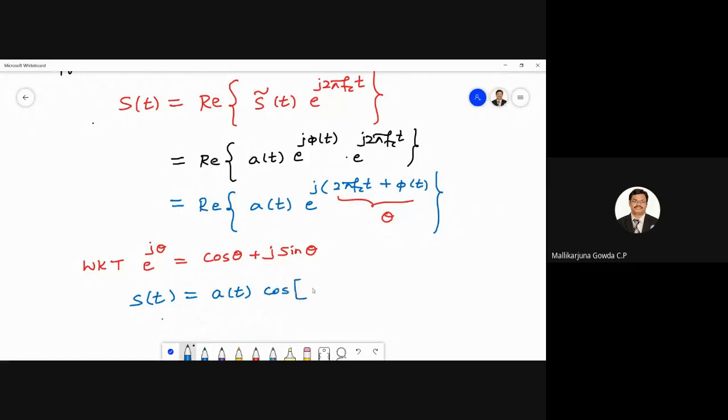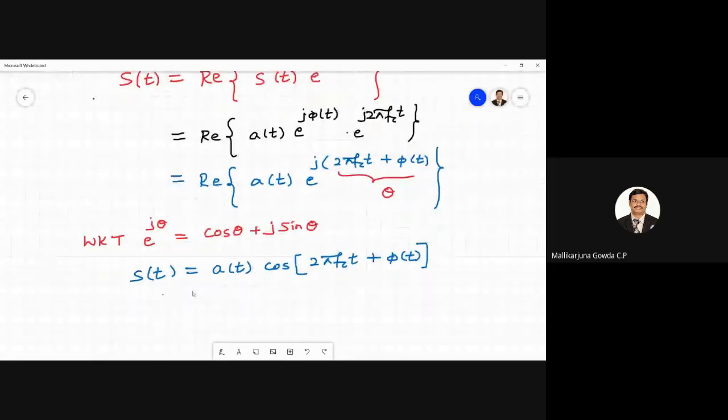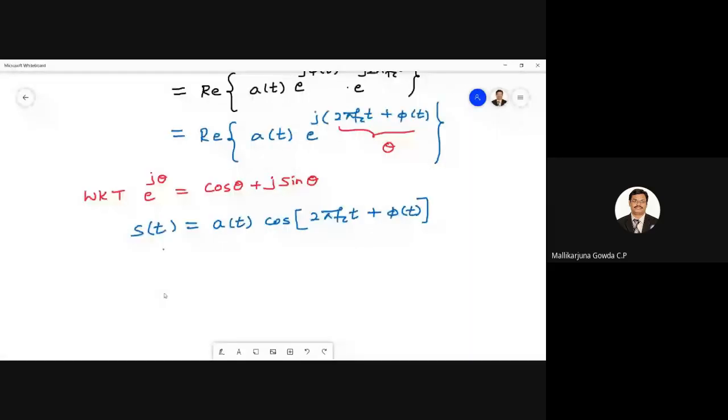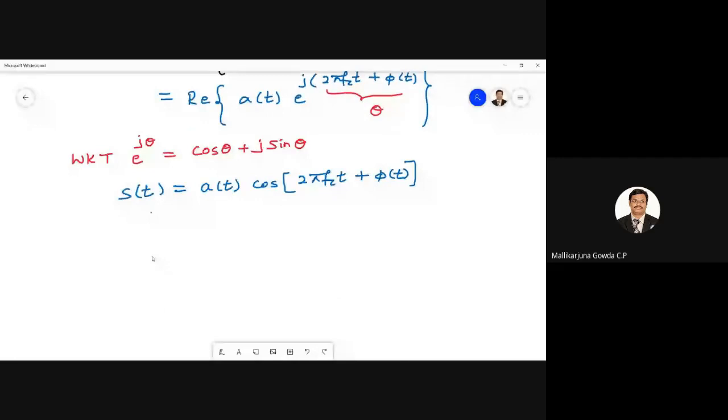Theta is 2 pi fct plus phi of t. Okay. So this is the expression which I can say is the polar representation of the bandpass signal.